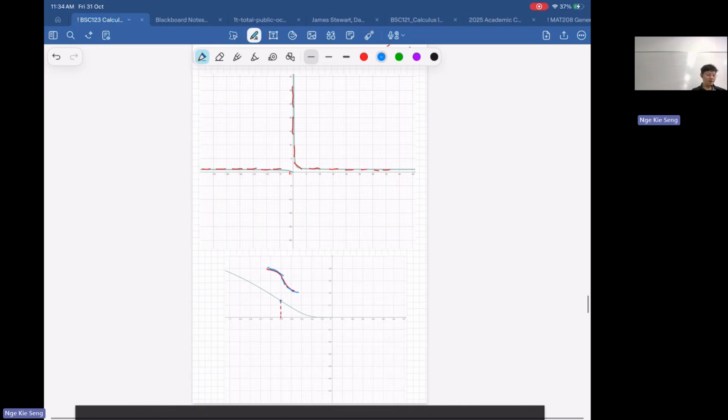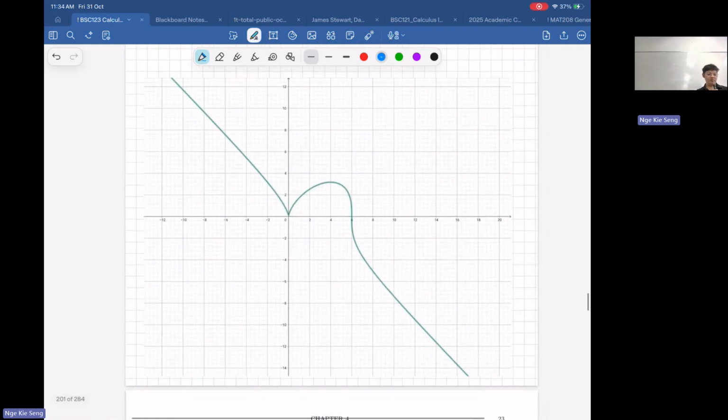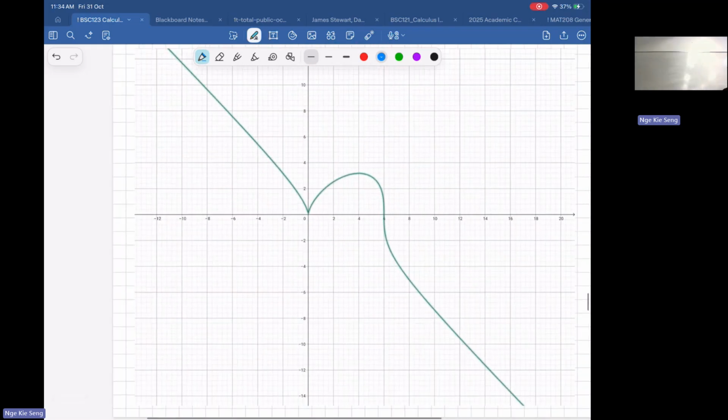Maybe how about I draw this 4.26 right there. Can you see where the local max and local min are? On this graph, which one is local max, which one is local min? And where's the inflection point?